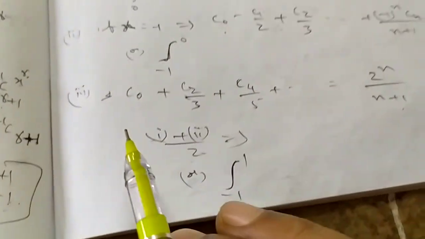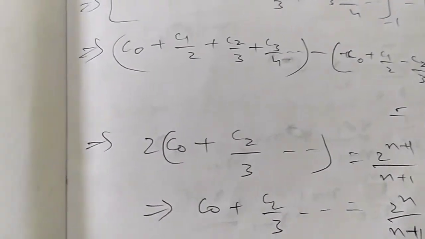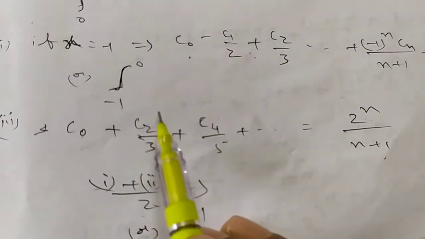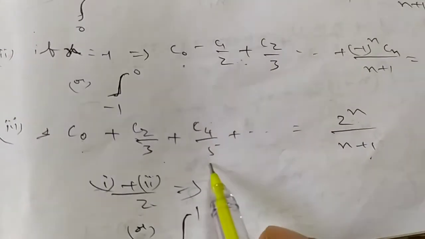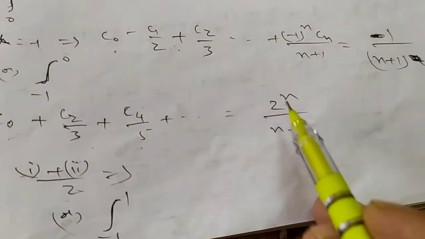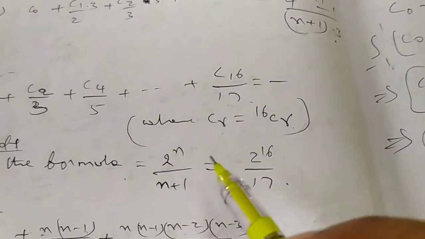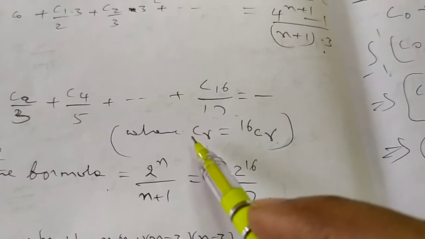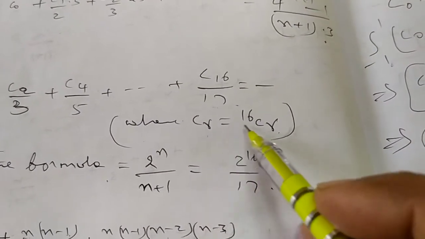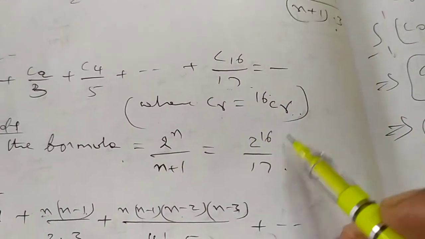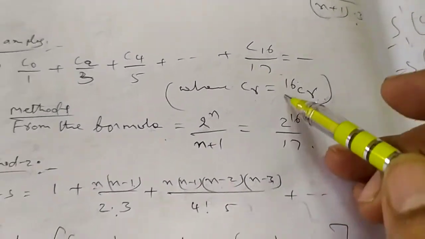Second application: C0 plus C2 by 3 plus C4 by 5 plus and so on, formula 2 power n by n plus 1. Here the n value in bracket is given: CR equal to 16 CR means the value of n is 16. Therefore 2 power 16 by 17.